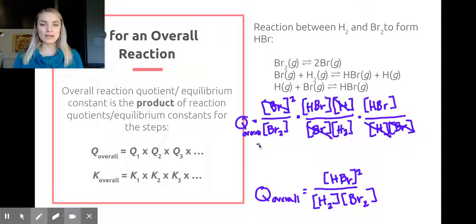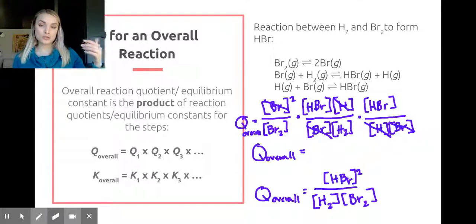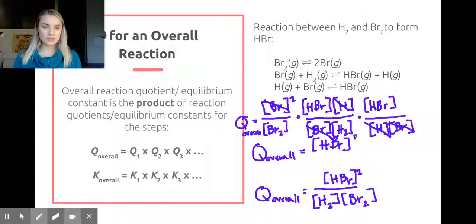So right now, when I simplify that and make it look nice and tidy, what I have is 2 HBr that I'm multiplying in the numerator, which means that when I multiply them, they're going to be squared to the second power. So I have HBr to the second power divided by, I'm going to put the H2 first because I like to put hydrogens first, H2 times the concentration of Br2.